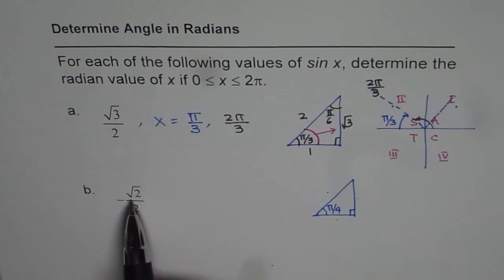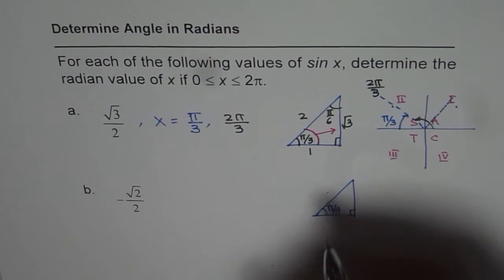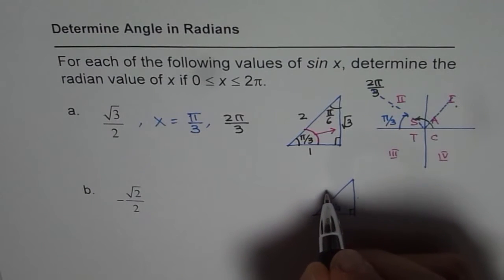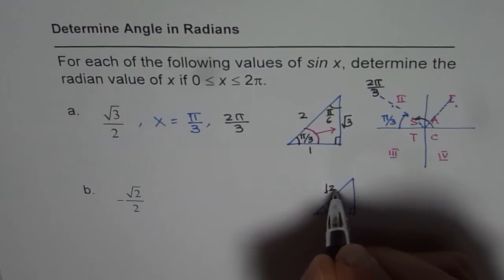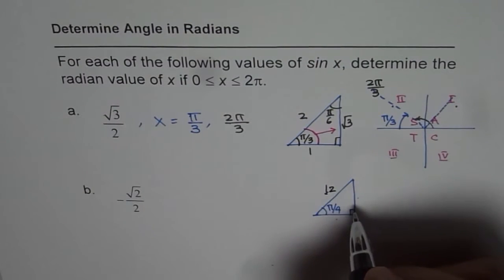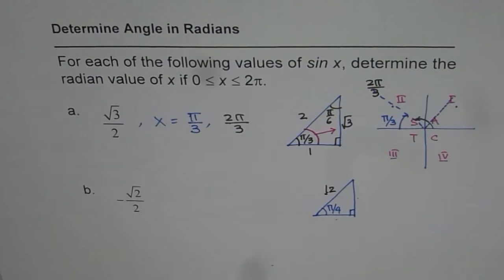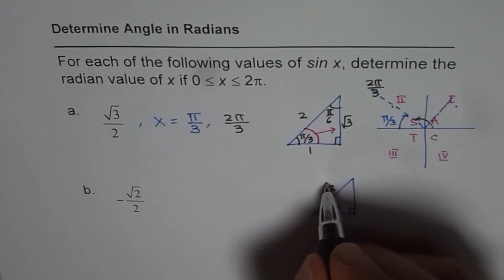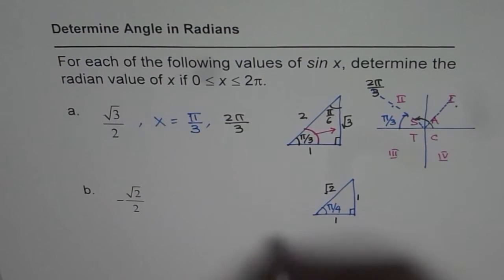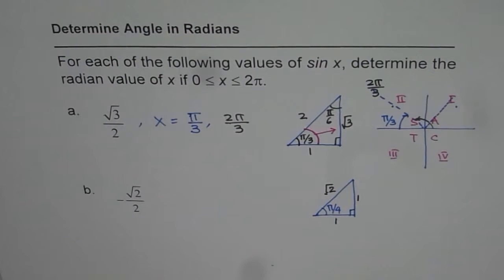Since we have the answer in square root 2, let me do it both ways. Normally we have 1, 1 and square root 2. So that is one combination.